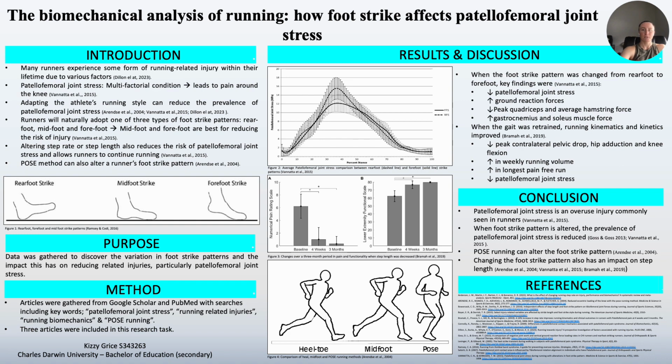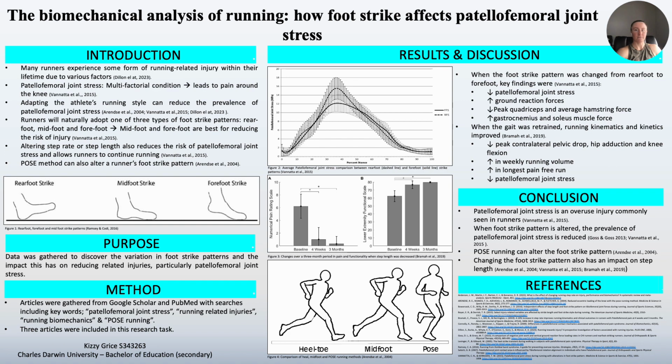Purpose and method. The overall purpose of this research task was to gather an understanding of the variations in foot strike pattern and running technique which aim to reduce patellofemoral joint stress. Various articles were gathered from places like Google Scholar, PubMed, and the Charles Darwin University Library to undertake this research task.